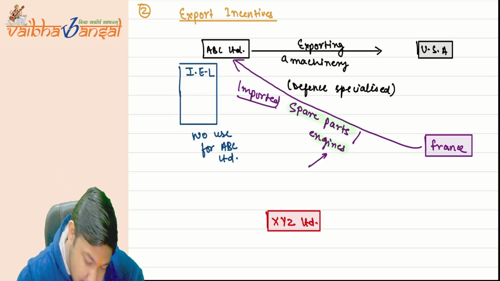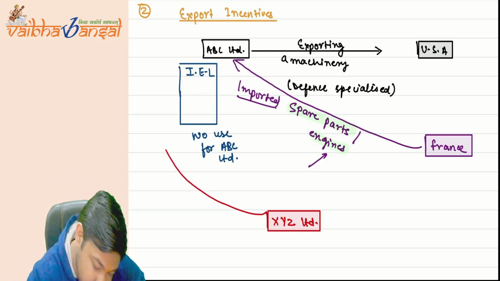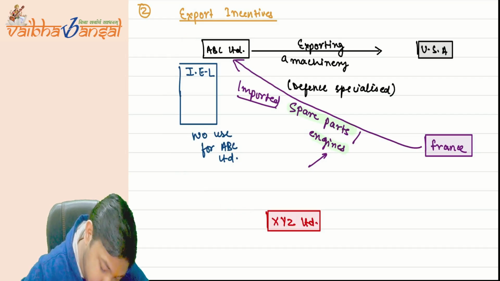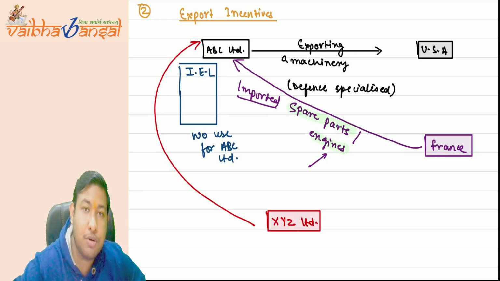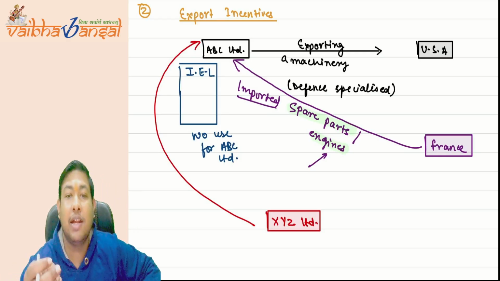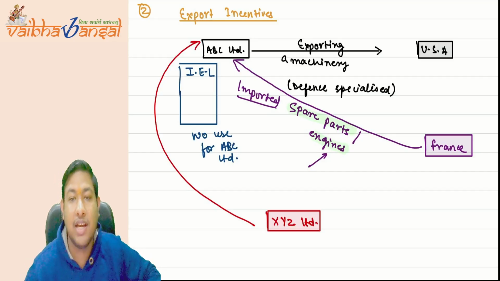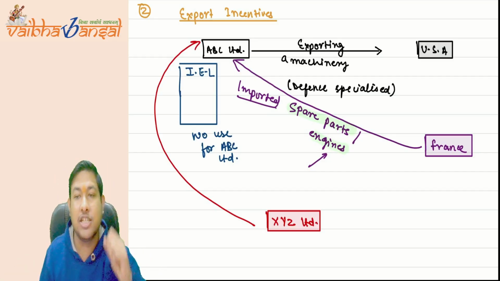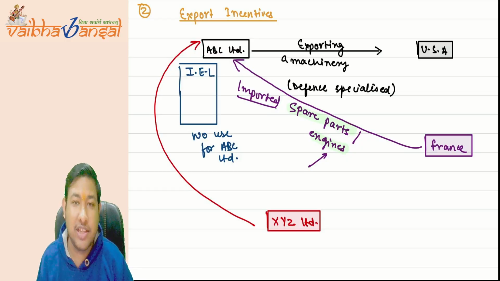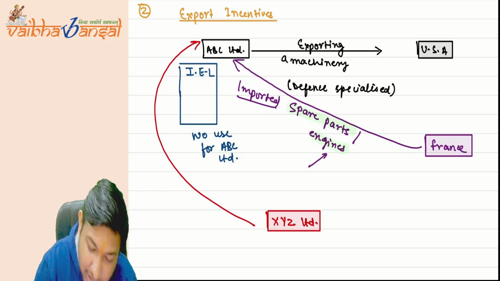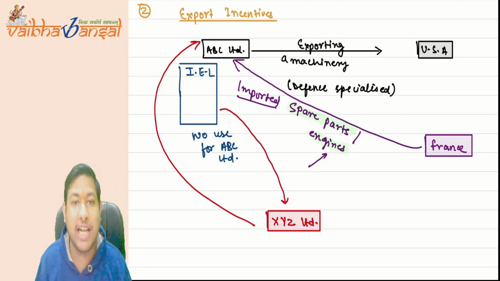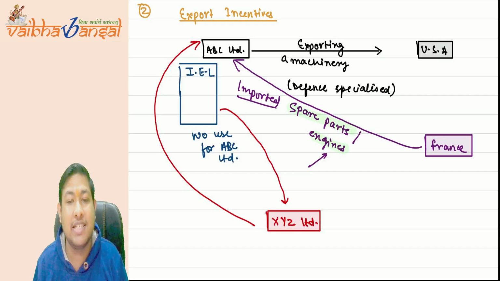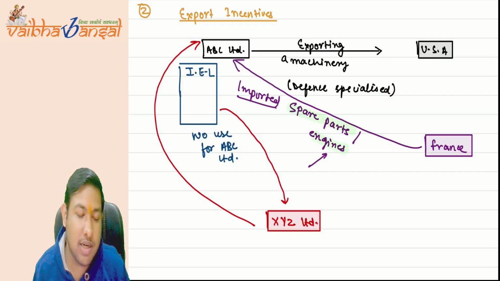So XYZ approached ABC Limited to give the import entitlement license so that it can import some spare parts or engines from France. For that purpose, ABC Limited transferred the import entitlement license to XYZ Limited.